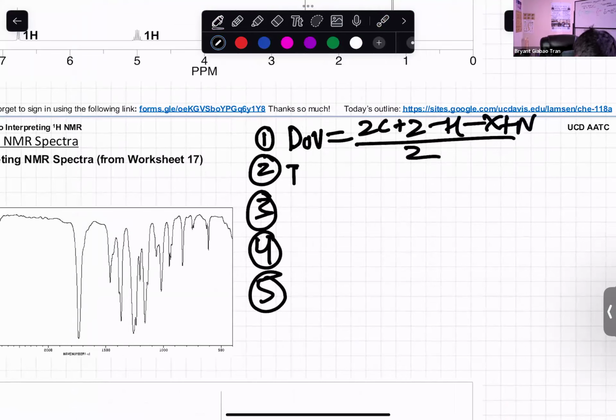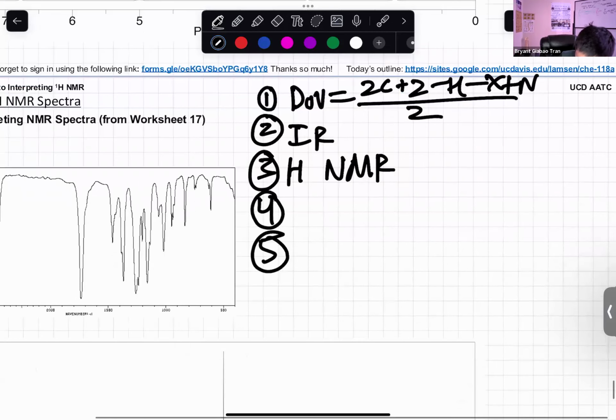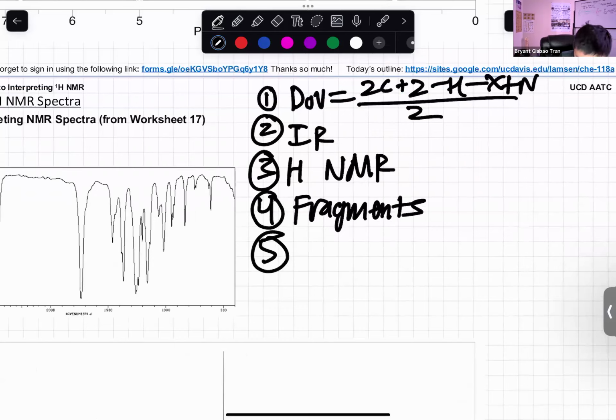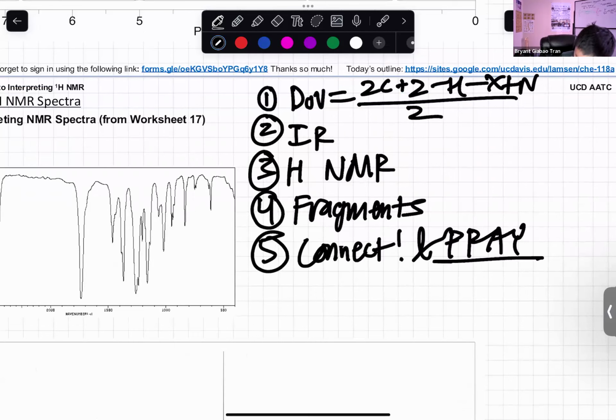The next thing I do is look at the IR for the functional groups. And then the next thing I do is look at the HNMR for the peaks. And then the next thing I do is make fragments based on the HNMR. And the next thing I do is connect the fragments, and pray, because a lot of this is trial and error.